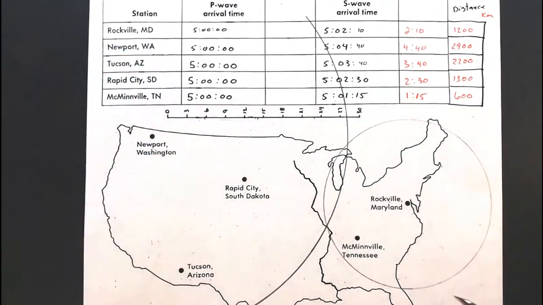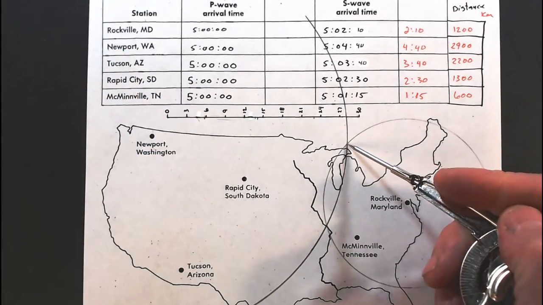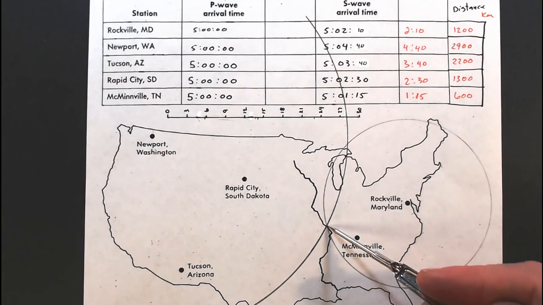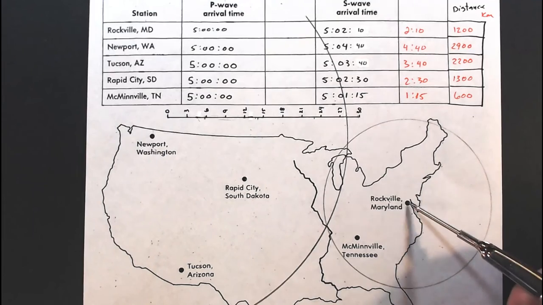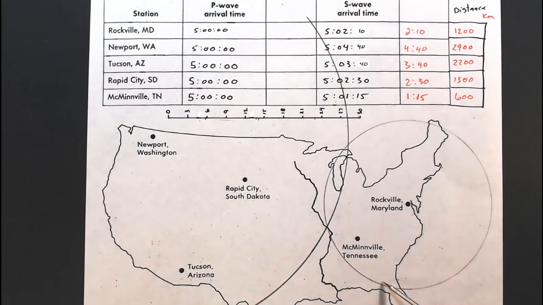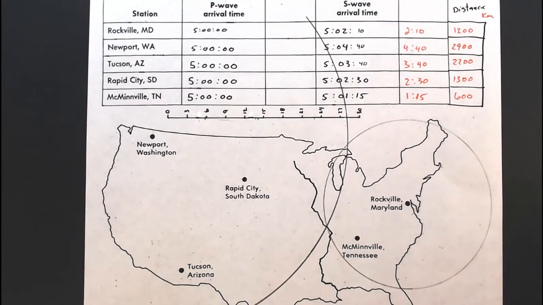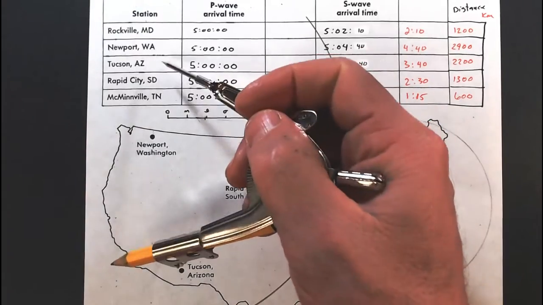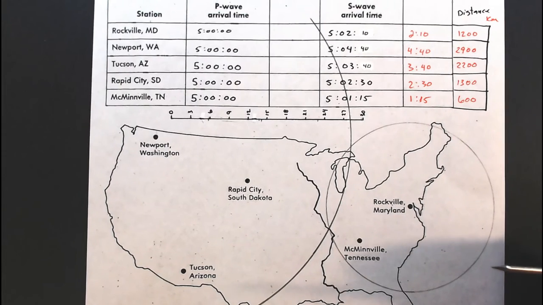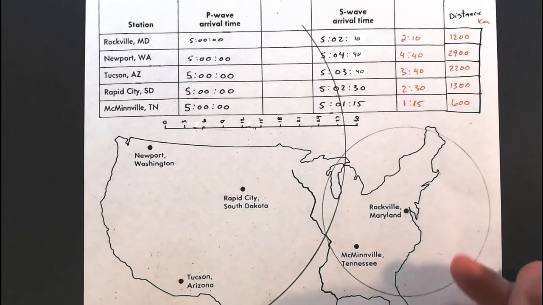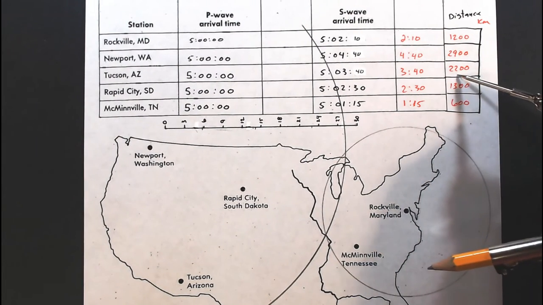Okay, so now it's saying that the earthquake is either right here or right here. Because Newport's saying that it happened somewhere along this line. Rockville is saying it happened somewhere on this line, and where the two cross, we know that that is it. So really, we can take any of those, and it will probably give us where we need to be. So let's go to Arizona. We know that we're 22.